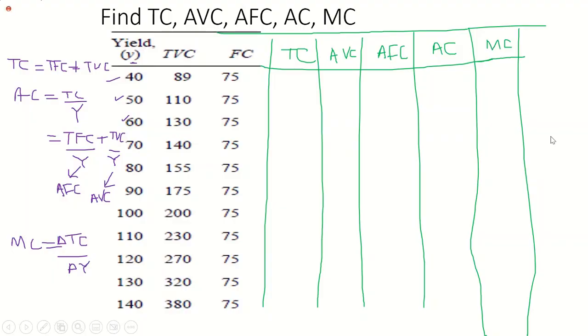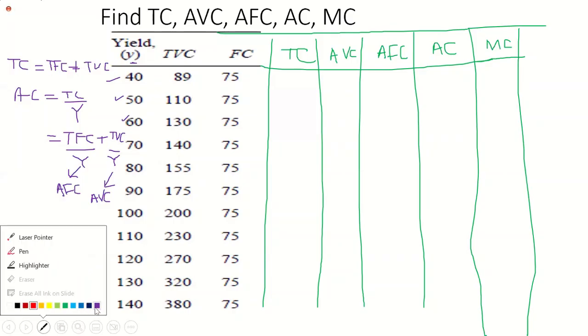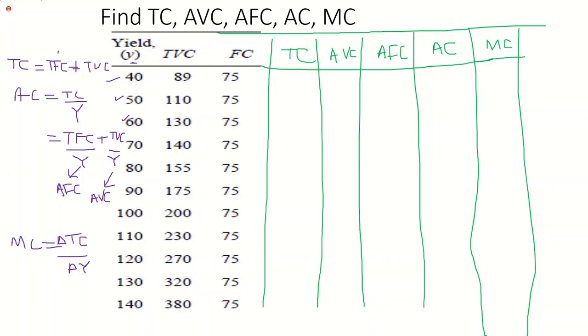Right. So let's go through a few calculations, the first two at least. How did you calculate the total cost? The formula is given. So total cost is total fixed cost plus total variable cost.